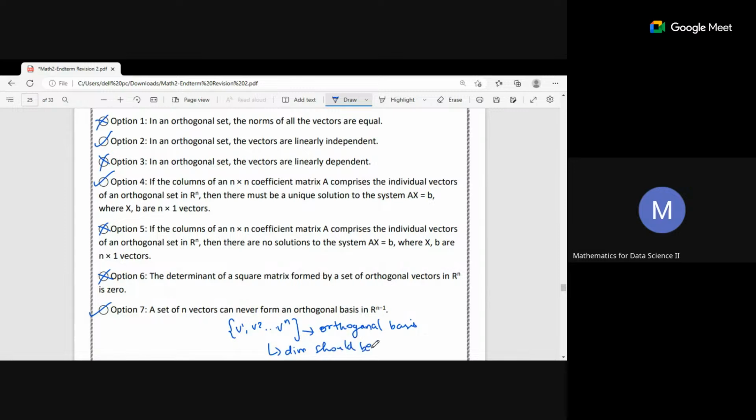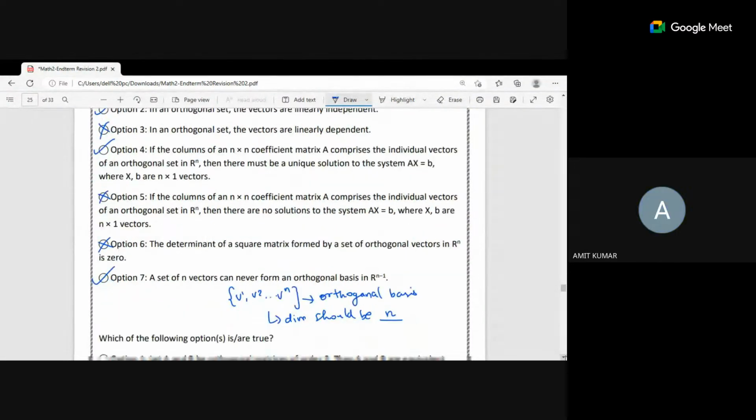You have n vectors in the basis, so the dimension is n. But here it is Rn minus 1. Since it says can never form, it is correct. So it should be n, and it cannot form a basis in Rn minus 1. Correct.